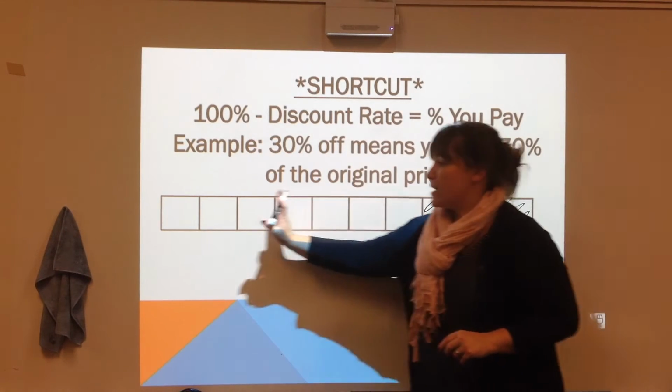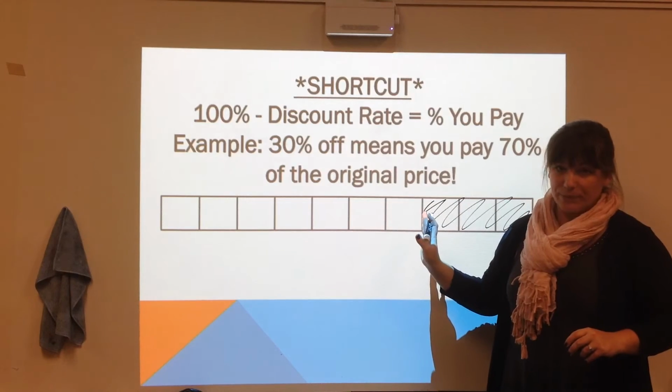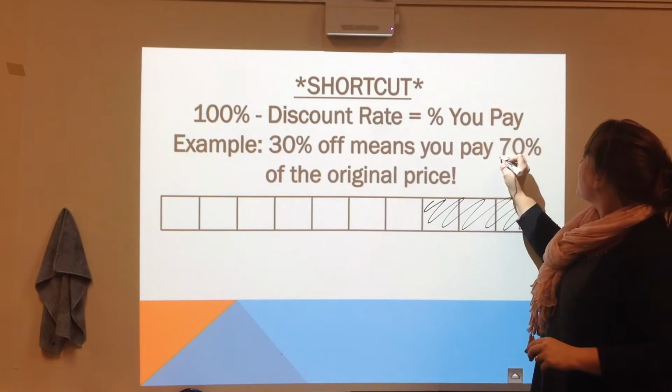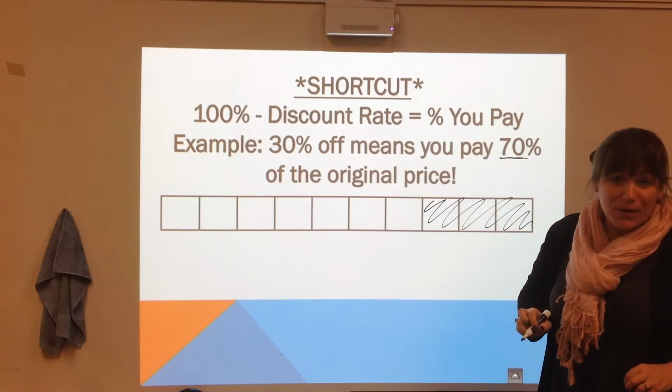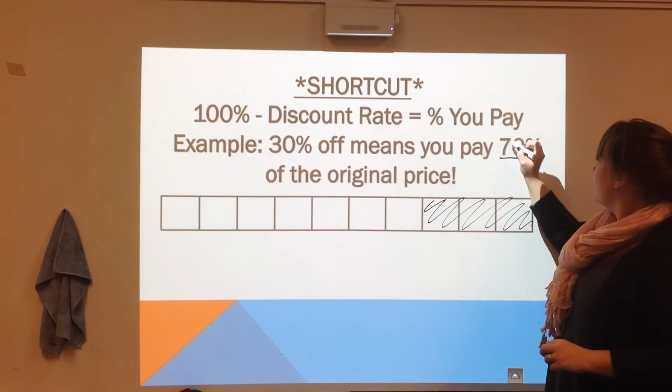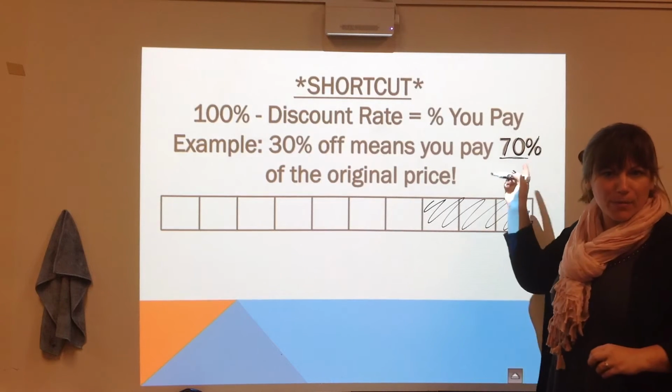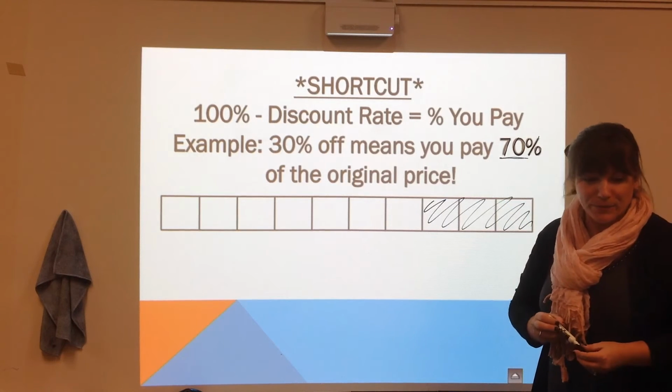All you have to pay is the 70%. So that's why I have 30% off means you pay, and I want you to fill that part in, 70% of the original price. That's a blank on your notes, so fill that in.